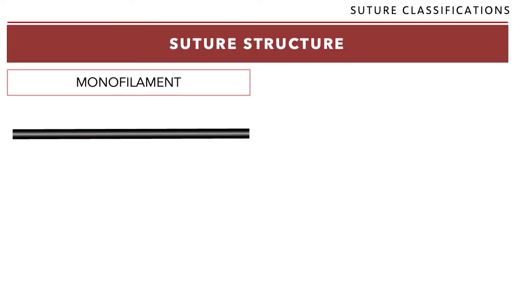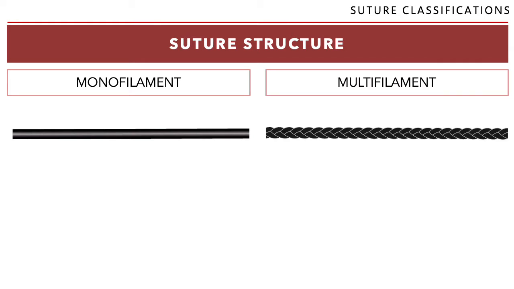You can have a monofilament suture material, which is just composed of one strand, right? Or you could have a multifilament wherein it is composed of multiple strands. Now, the monofilament, of course, because it's only composed of one strand, has less tissue drag or less friction between the suture and the tissue.